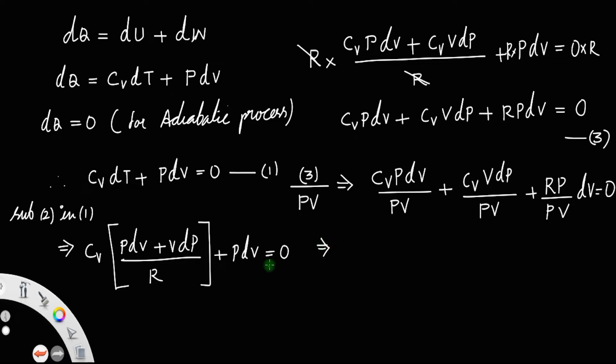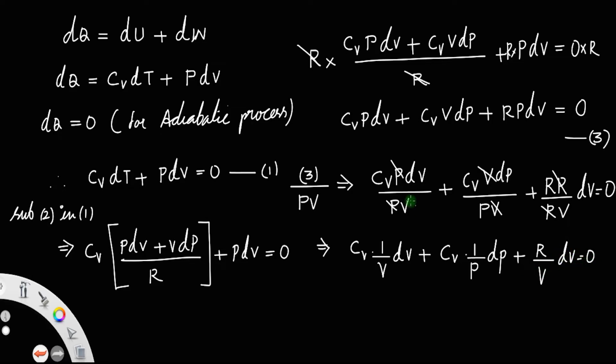Therefore, you can cancel a P and a P, here also you can cancel a V, and here the pressure will get cancelled. So the final equation will be Cv into 1 by V dV plus Cv into 1 by P dP plus R by V dV equal to 0.